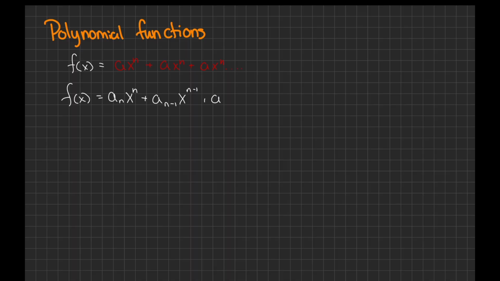And then we can do it again if we want. So that's a_(n-2) x^(n-2). And then it just goes on forever until we get to a_1 x^1 and then a_0 x^0. But of course, x^0 ends up just being 1. So it's just a_0, which is in fact our constant value.